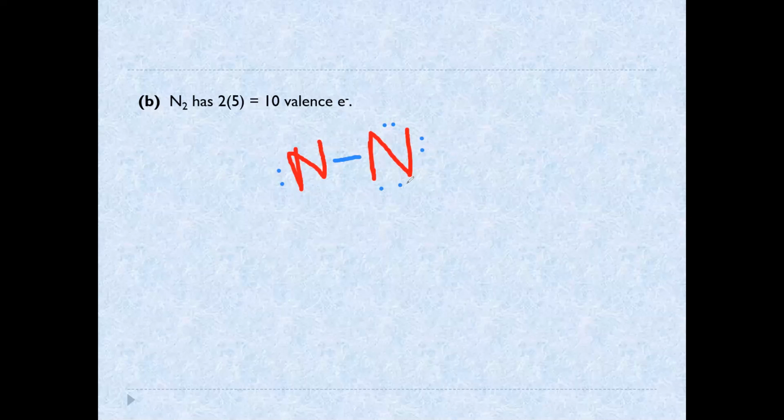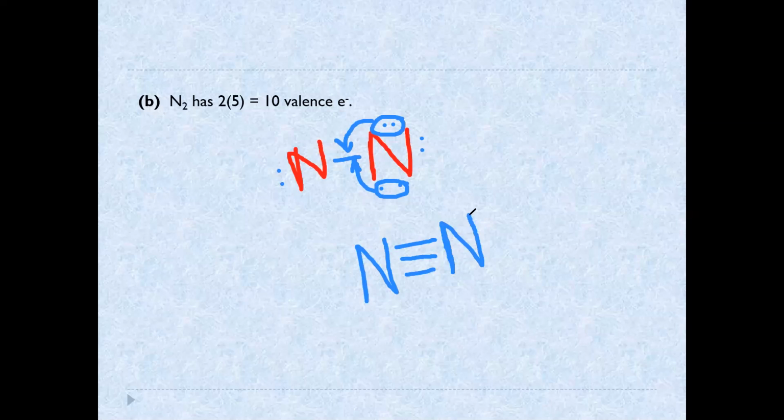So what do we do? We migrate this pair, we bring it here. We take this also, we bring it here. At the end of the day, what do you now have? Nitrogen, and I know that nitrogen can have 3 bonds, with the other nitrogen there and a lone pair of electrons on each of them.